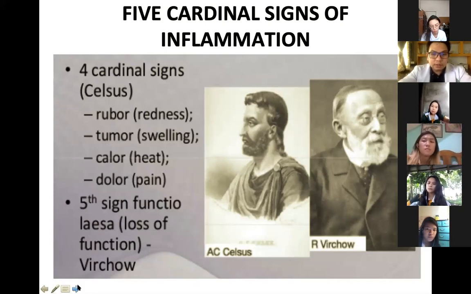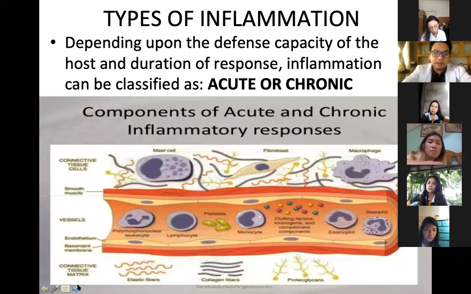Okay, so what are these different types of inflammation? So first we have acute. Okay, so depending upon the defense capacity of the host and the duration of the response of inflammation, it can be classified as acute or chronic.